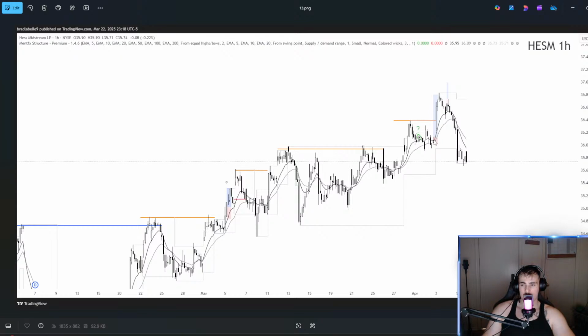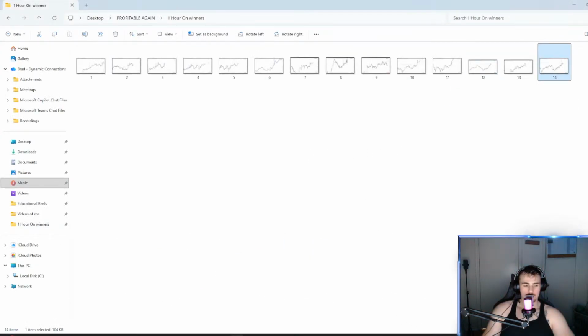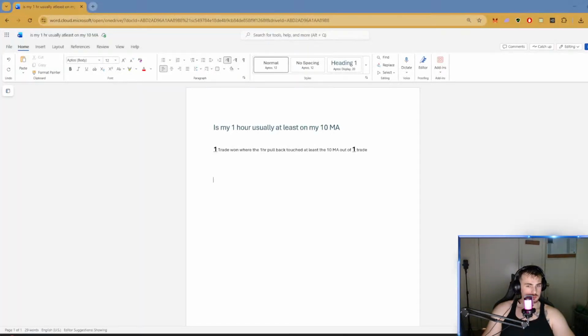And that's happening on a rising moving average of a 20 and a 10 on a 10-20. So now I can go back and say, okay, now two trades out of two trades, one where price at least touched the 10 moving average.